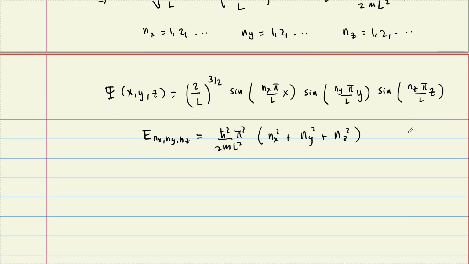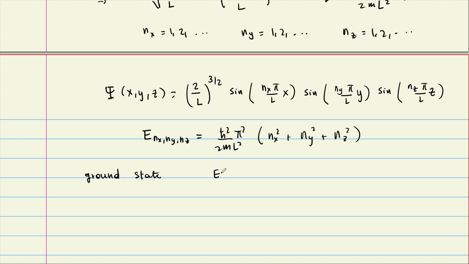So let's look at these solutions a little bit more carefully. The lowest available state is what we call the ground state. This is a quadratic function, and the smallest possible value is when all these integers are smallest, right? And the smallest is in each case 1.